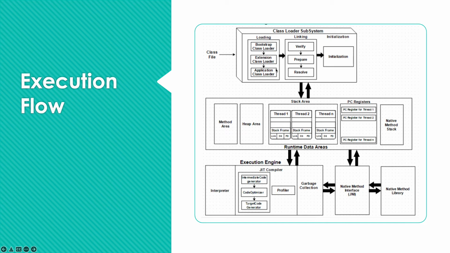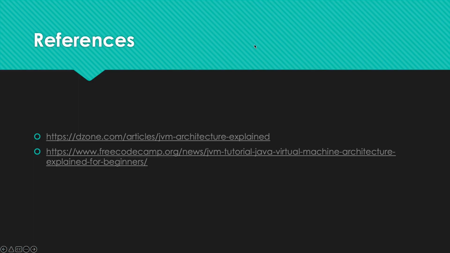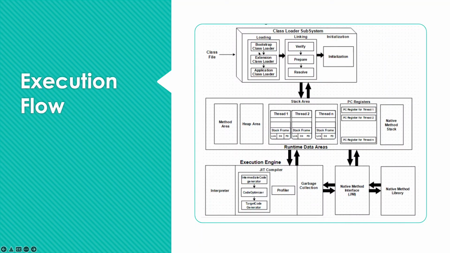Inside that you have the loading phase, which is the initial one, and the bootstrap class loader is the first component, where it loads all the Java standard packages. Then you have the extension class loader, which is for loading all the files under the ext directory. Then you have the application class loader, which is for loading all the application class files in your application class path.